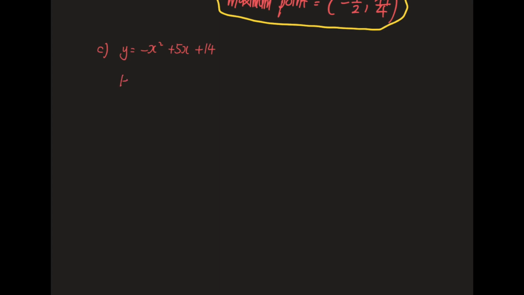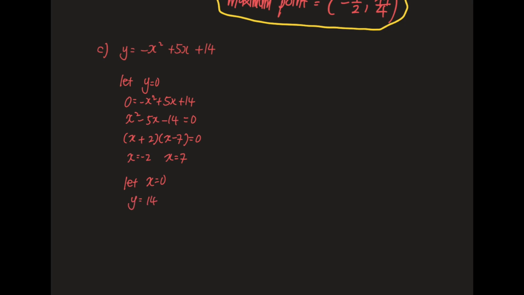So for the x-intercept, we let y equal to 0. Then we have this. Bring everything to the left. Then factorize. Then we have x equal to -2, x equal to 7 as the x-intercepts.